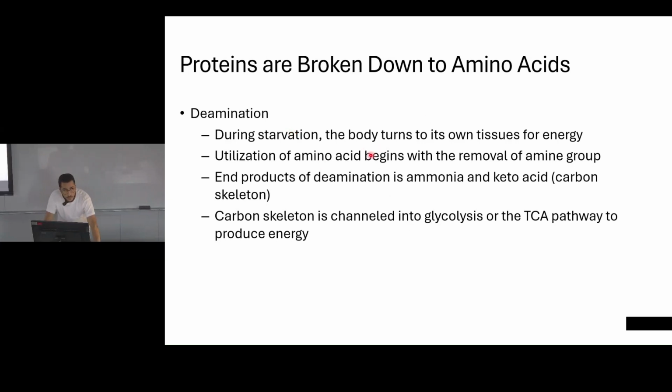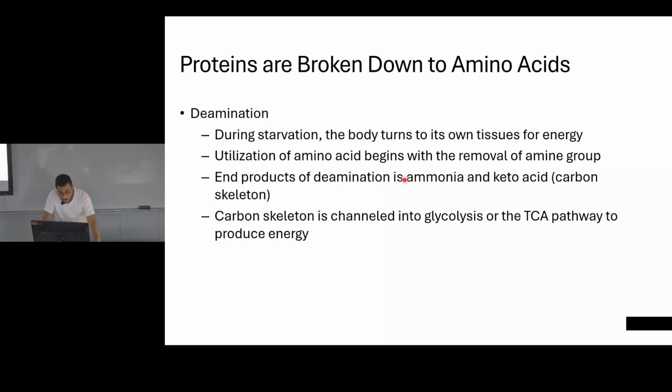Is this clear, the deamination? One of the side effects of deamination is the production of ammonia. And ammonia is not good for you, so it needs to be taken care of. The way it's taken care of is by producing the urea that we talked about, and then get excreted. So urea is less toxic than ammonia.